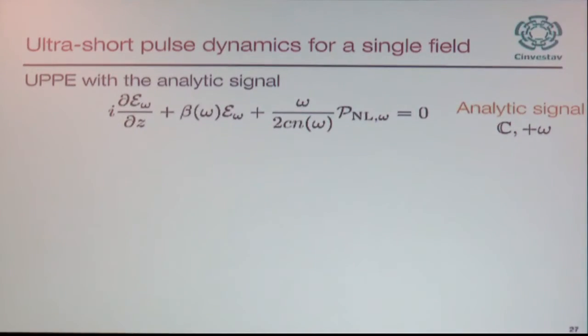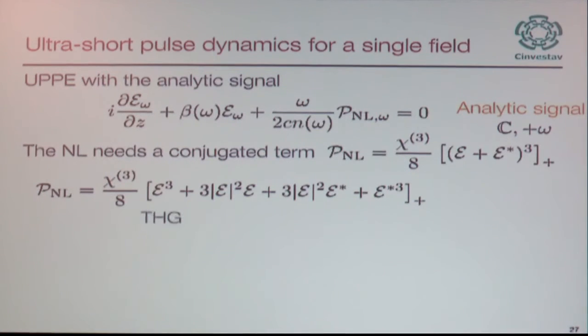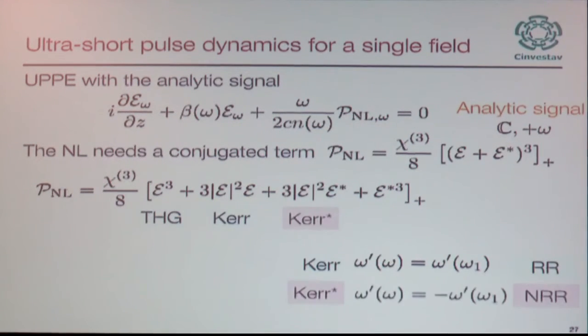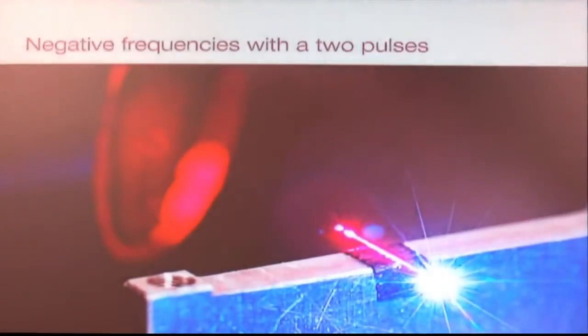So what we do is write that equation with the analytic signal, then we divide the electric field in positive and negative frequencies, and what we have is a separation of terms. One of these terms gives me the new phase matching condition, which was not known before, but was explained with this analytic signal. So basically this is what we want to do.